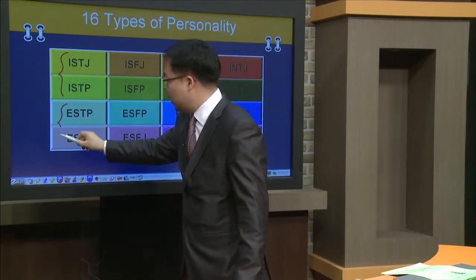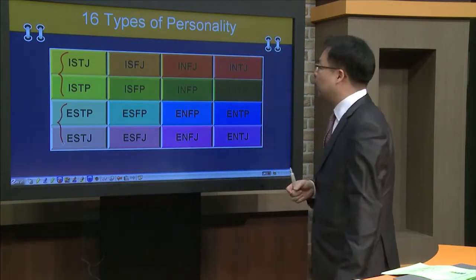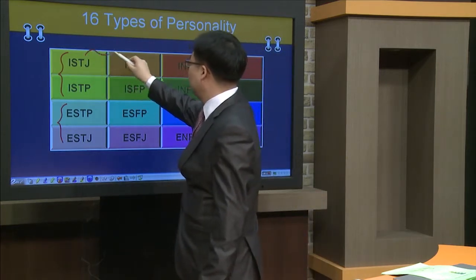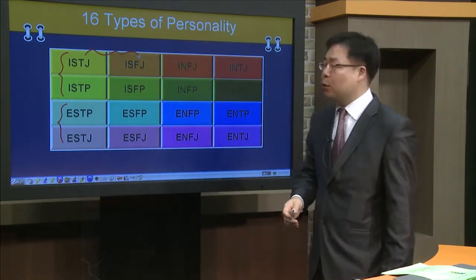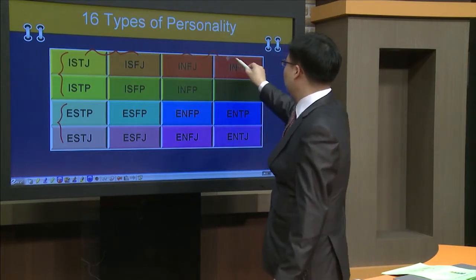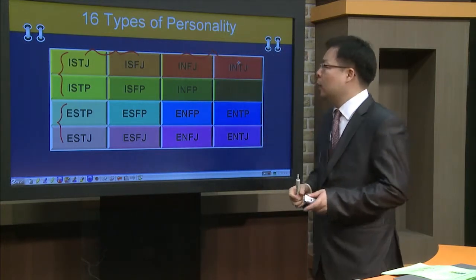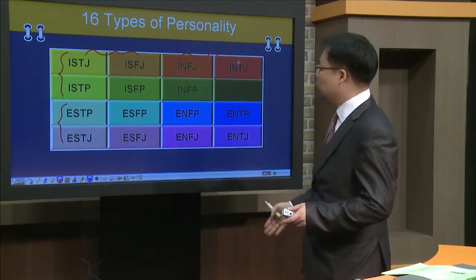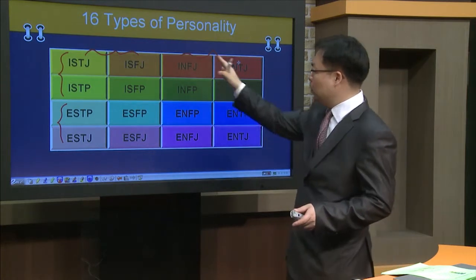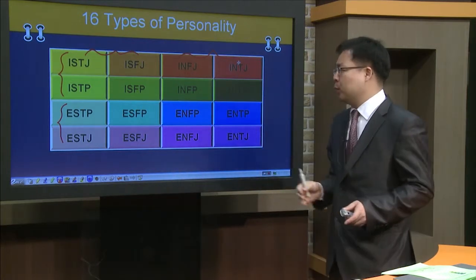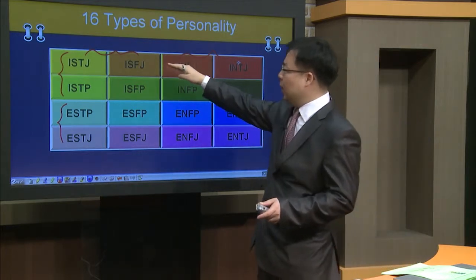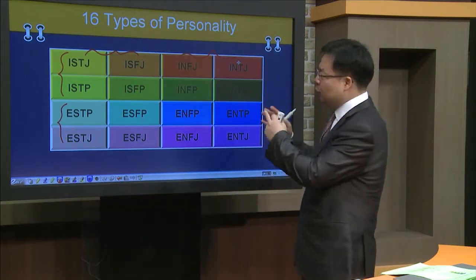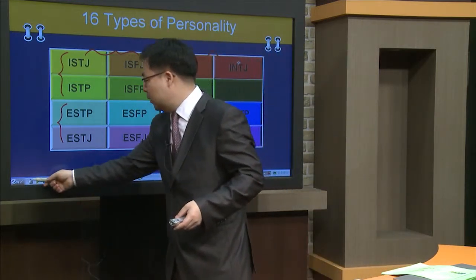However, the next 2 lines are extrovert persons, okay? And these 2 columns are all the sensing persons, and the other 2 are intuition persons. Also, the first column and the right column are the T persons, and the middle 2 columns are the F persons. Also, the first line and the 4th line are J, and the middle are the P persons. So we have 16 different types of personality here.